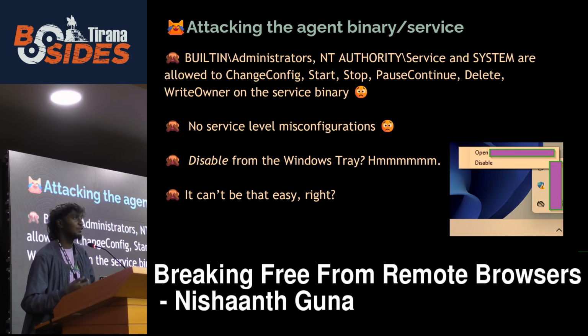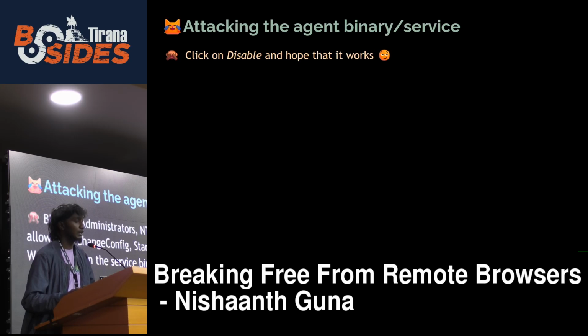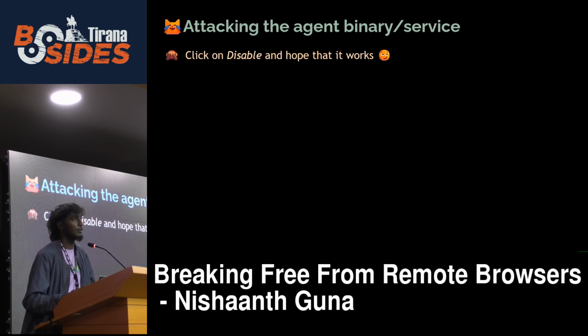But if we looked into the Windows tray, that specific agent had an icon, and when we clicked on it, there was an option called disable. Initially we thought it wouldn't disable the protection altogether, as that would be too simple for a low privileged user.